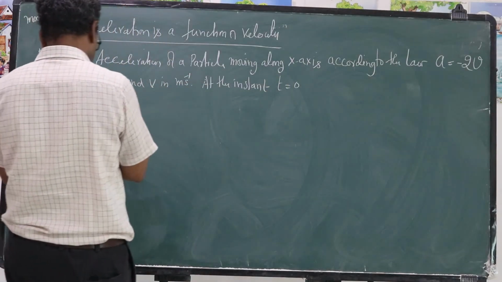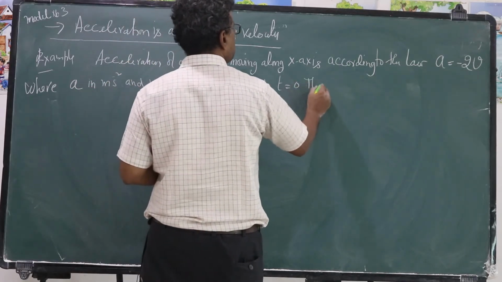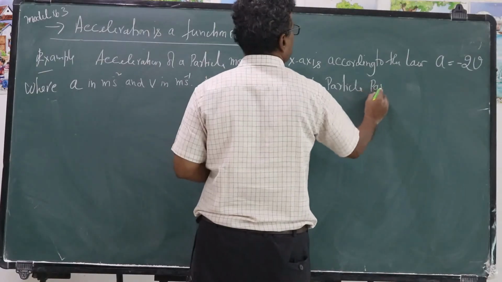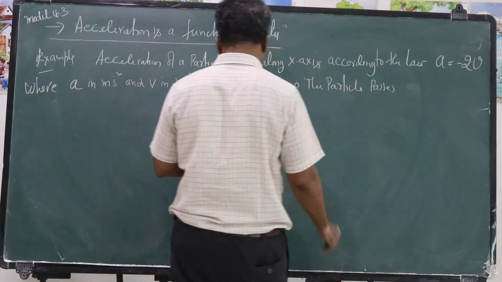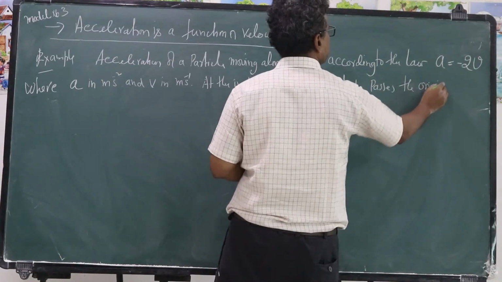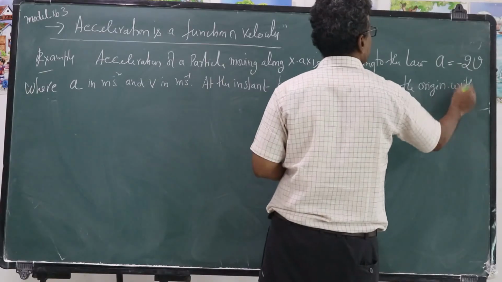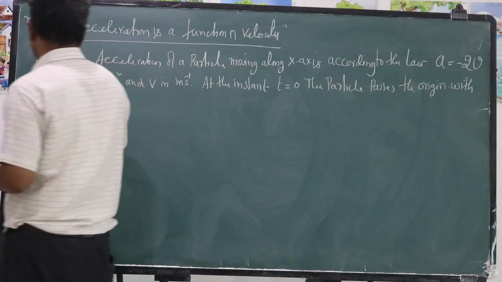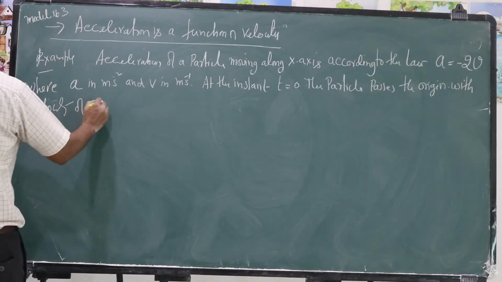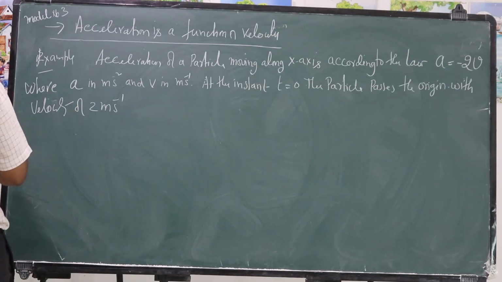Okay, the particle passes the origin with the velocity of 2 meter second inverse, moving in the positive x direction.